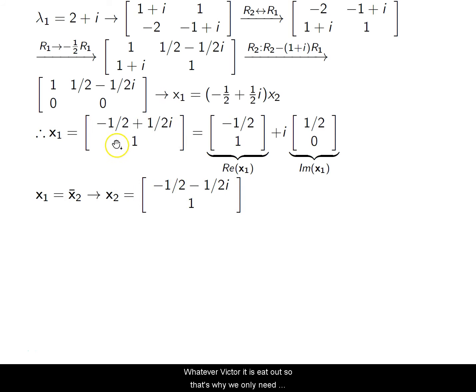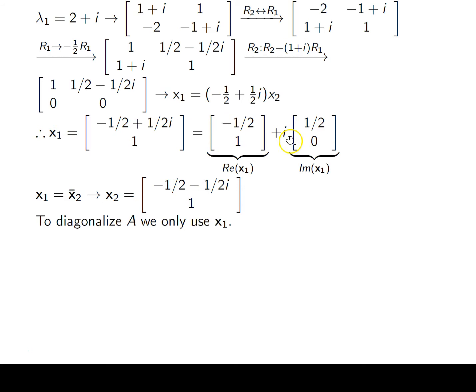So that's why we only need one, because they're paired together. Okay. Now for P, again, I'm only using this x1 vector. I don't have to do this whole thing again here, right? I'm only going to use this, right? So to diagonalize A, we only use the x1 vector that comes with the a plus bi form.